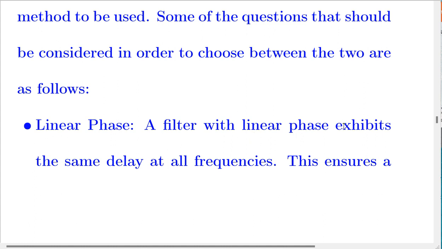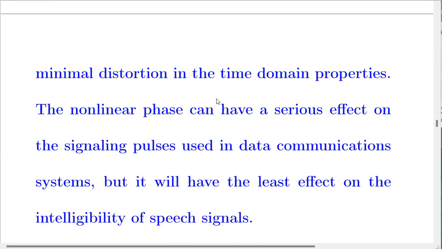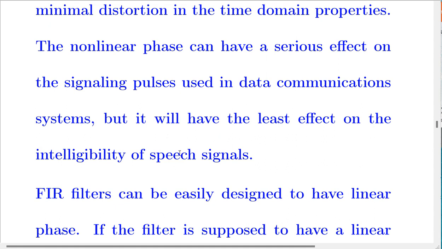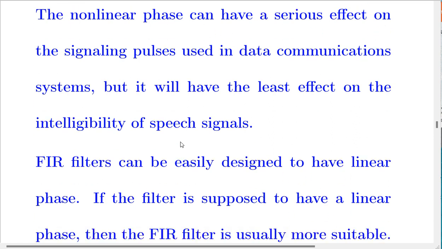A filter with linear phase exhibits the same delay at all frequencies. Okay? This ensures a minimal distortion in the time domain properties. The nonlinear phase can have a serious effect on the signaling pulses used in data communication systems, but it will have the least effect on the intelligibility of speech signals. Okay?